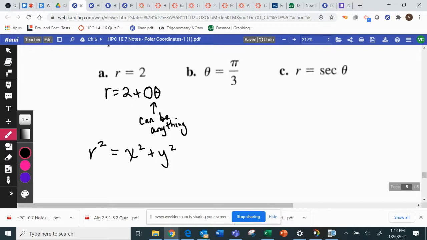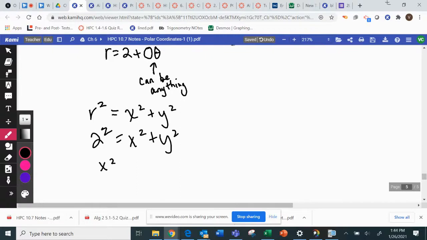And I do know that r is 2. So 2 squared is equal to x squared plus y squared. So x squared plus y squared equals 4 is the equation of a circle that has a radius of 2 in rectangular. So I have x and y. I don't have an r and I don't have a theta. This is rectangular.